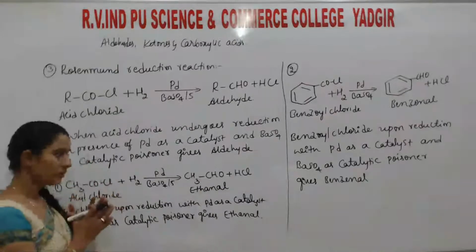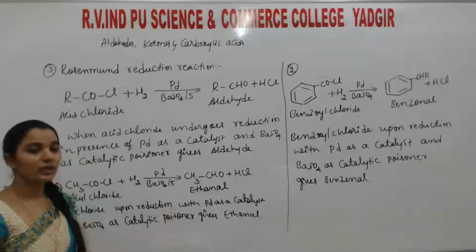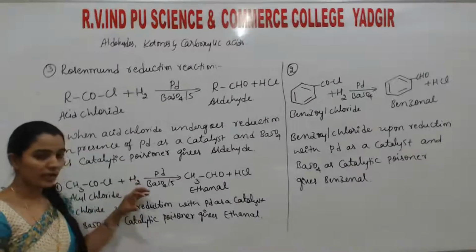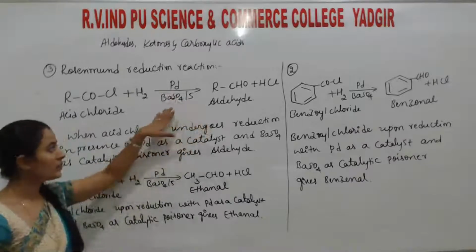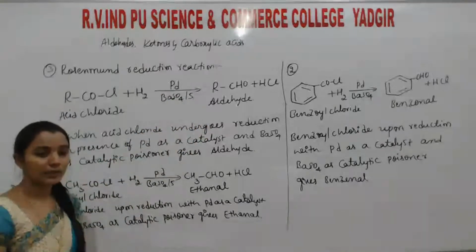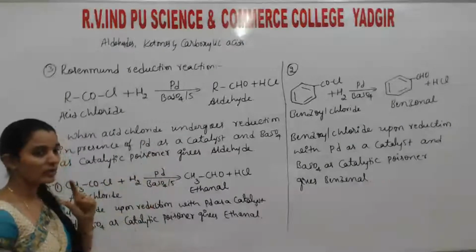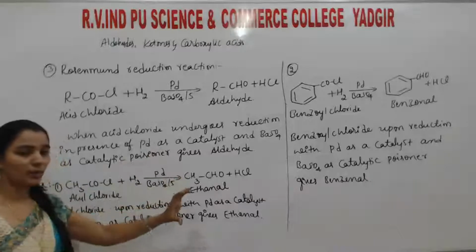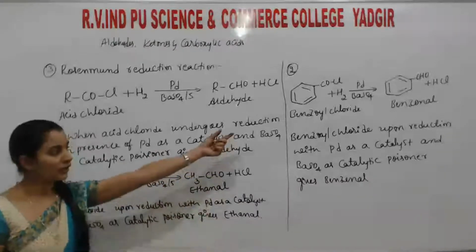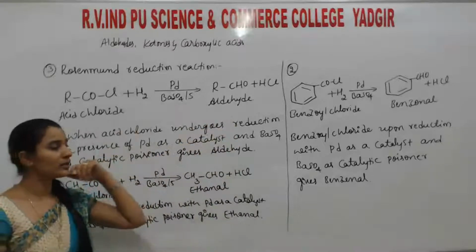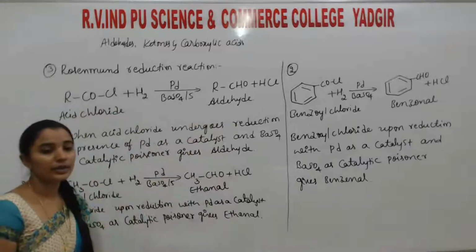To control the reaction from the formation of ethane, to control the reaction from the formation of the higher alkanes, we require this BaSO4 as a catalytic poisoner. So both reactions follow the same thing, nothing changes, only the difference is the reactant and the product. If the reactant is acetyl chloride, ethanal is the product. If it is benzoyl chloride, benzaldehyde is the product. If it is any acid chloride other than these two, then aldehyde is the product.